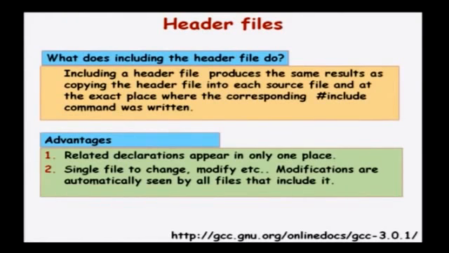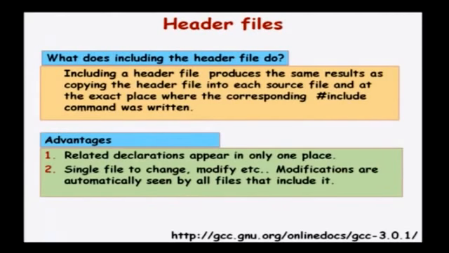Now, what happens exactly when you include a header file in a C file? Including a header file produces the same results as copying the header file into each source file. So when you say #include <stdio.h>, it is essentially taking the contents of the stdio.h file and copy pasting into your source code.